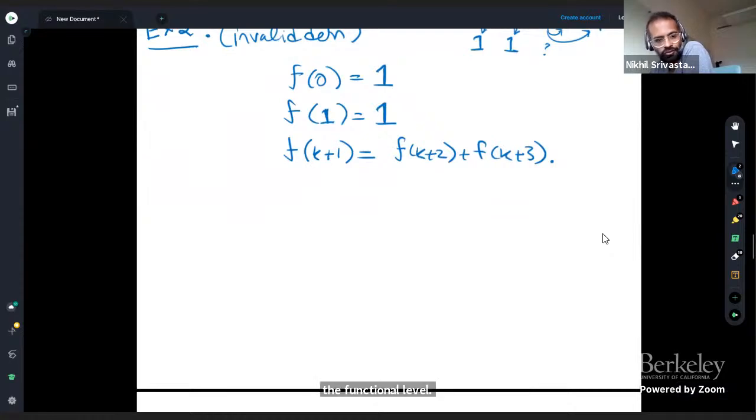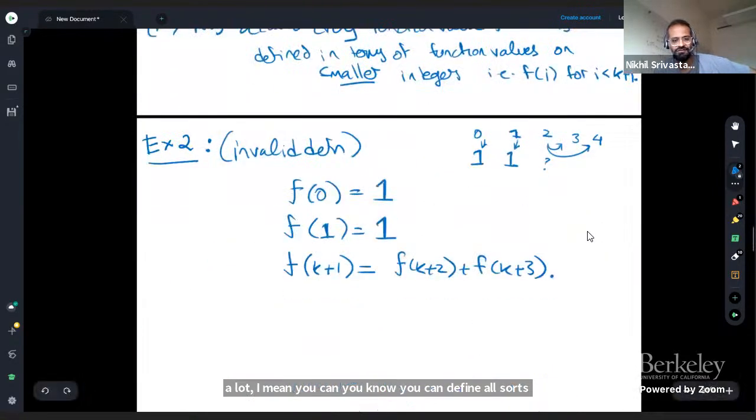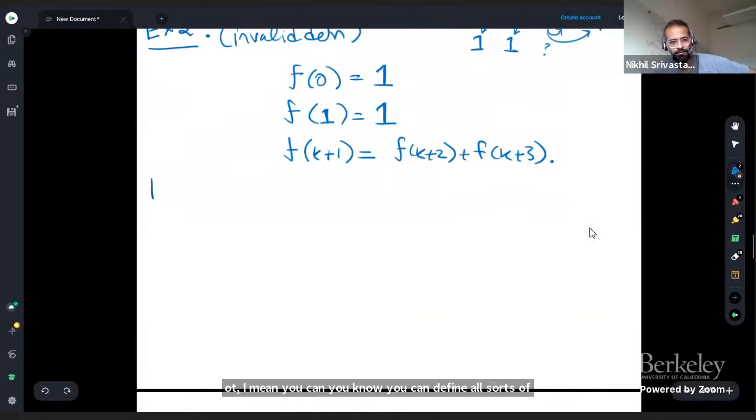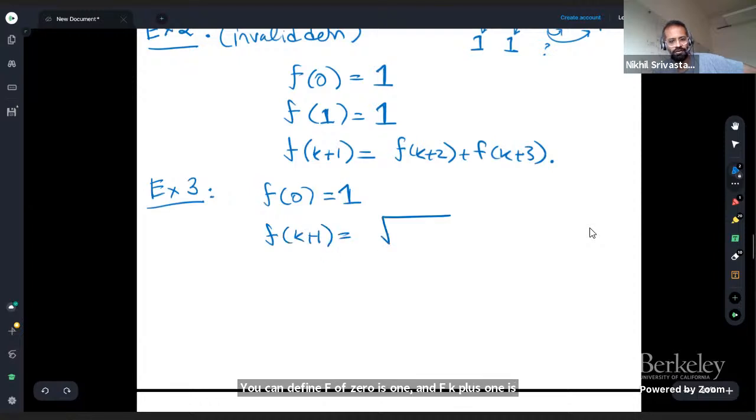Okay, so these types of definitions come up a lot. I mean, you can define all sorts of interesting sequences. Here's another example. You can define f of 0 is 1, and f of k plus 1 is square root of 1 plus f of k.